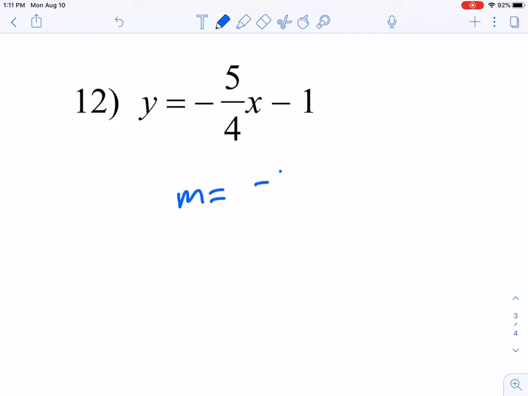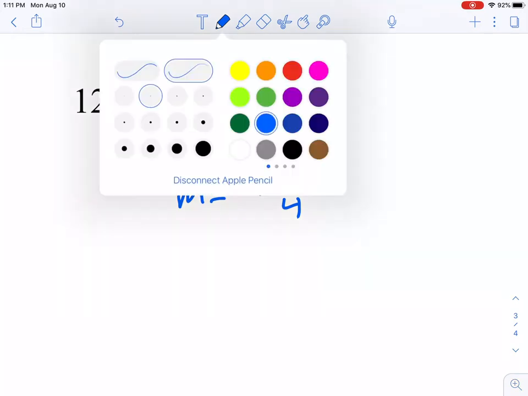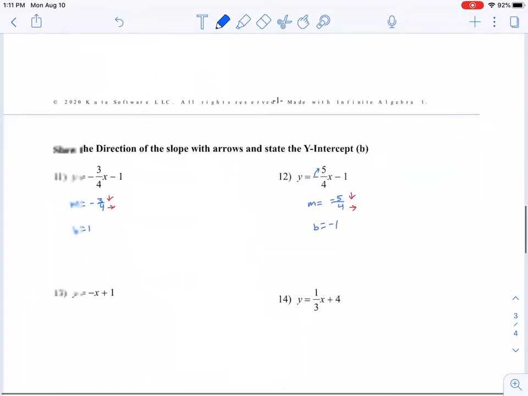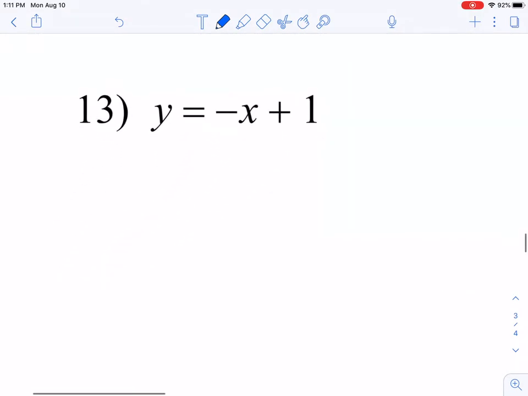So m equals -5/4. So I'm taking this negative and I'm applying it to my top number. So -5/4, which means we're going to move down and then always right. b equals -1. So I'm saying m, this is a -1/1x.